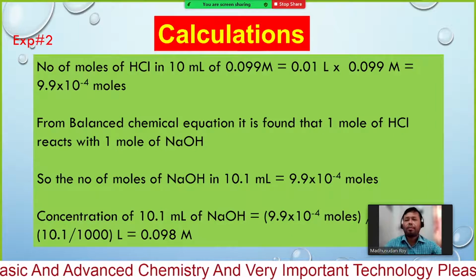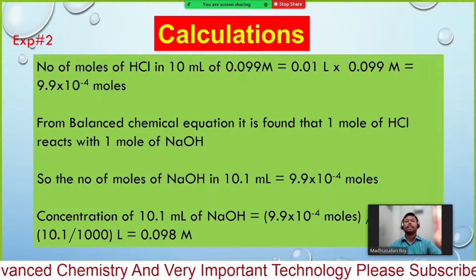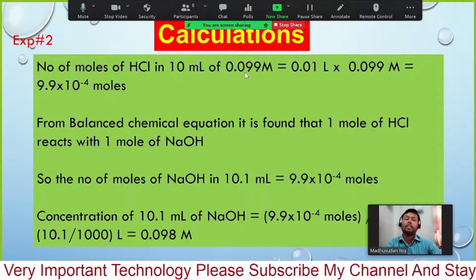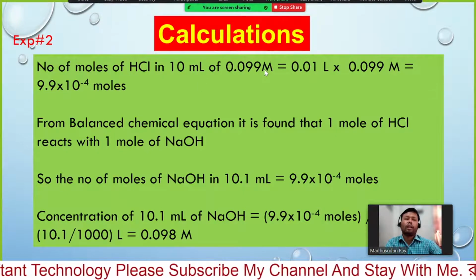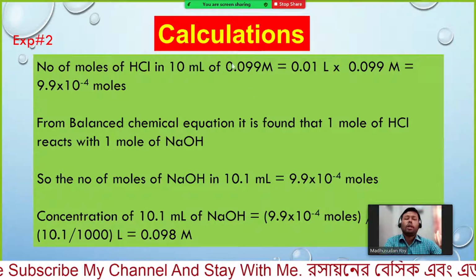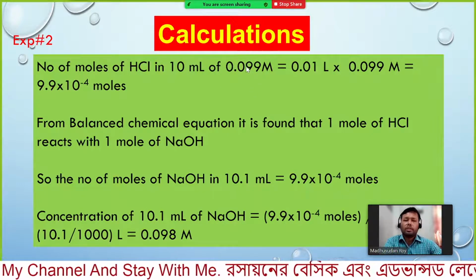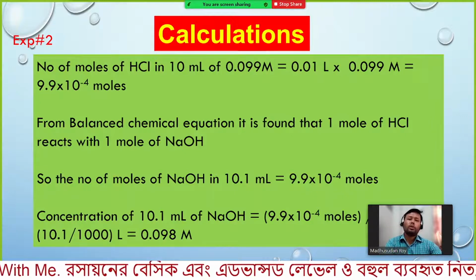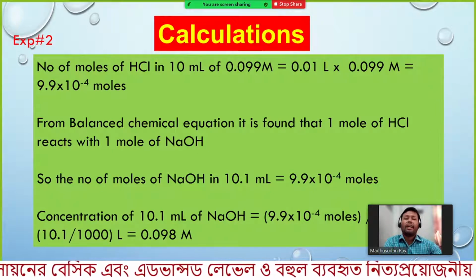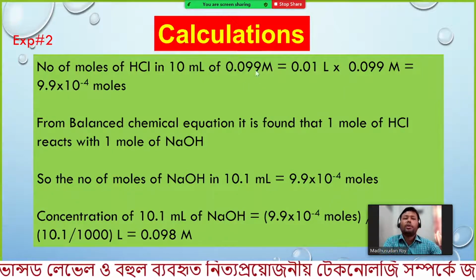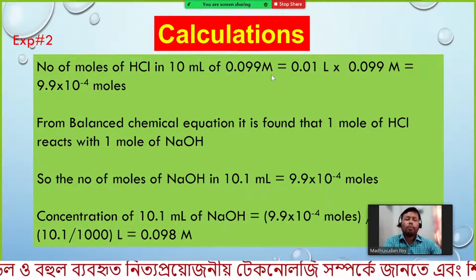Therefore, for the number of moles of hydrochloric acid in 10 ml, we already know the concentration of hydrochloric acid is 0.099 molar, because in the previous experiment we estimated the number of moles, and then we estimated the concentration of hydrochloric acid in the diluted solution. This is 0.099 molarity.